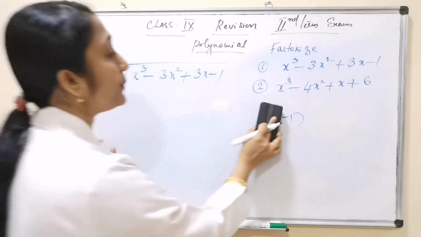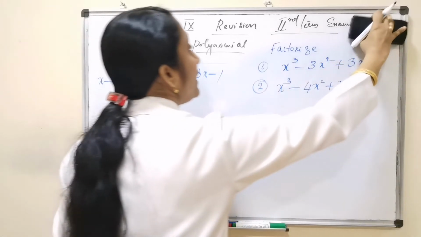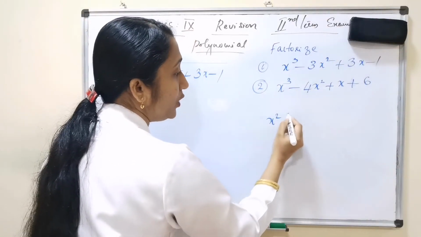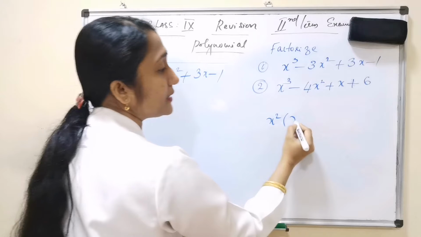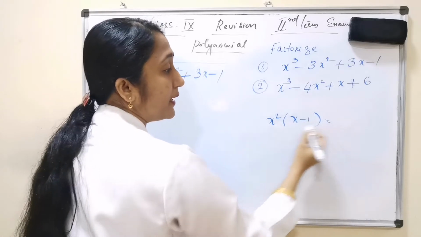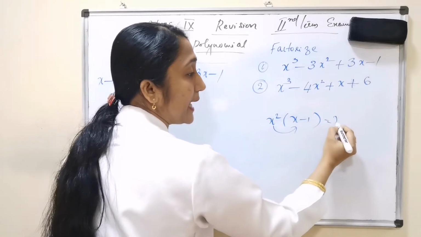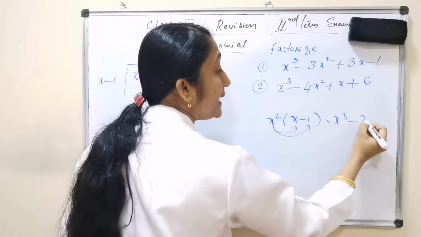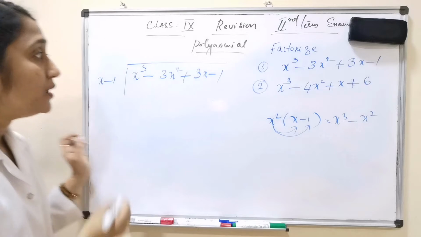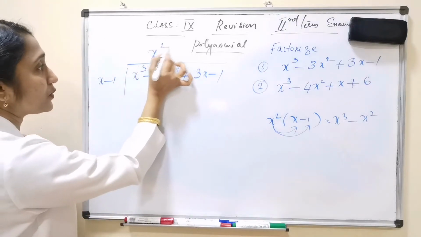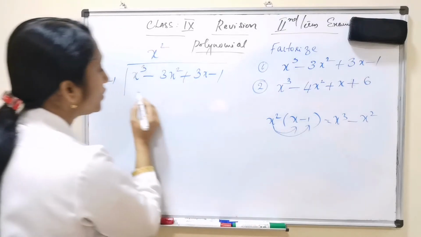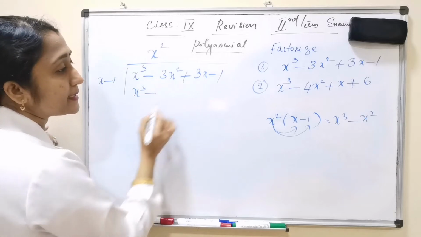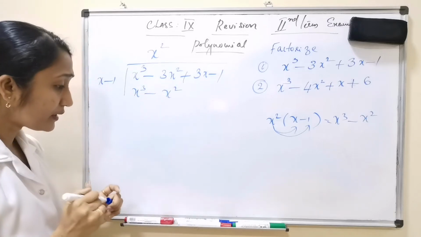So we have to multiply x square into the whole term, x minus 1. x square into x is x cube, x square into minus 1 is minus x square. So first we write here x square, then here x cube minus x square.